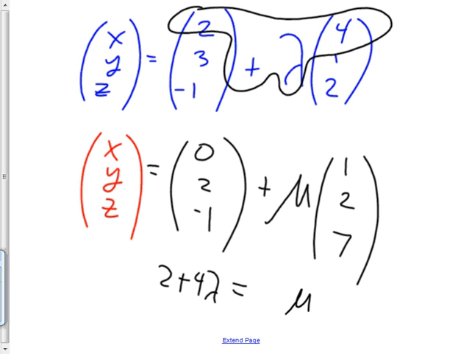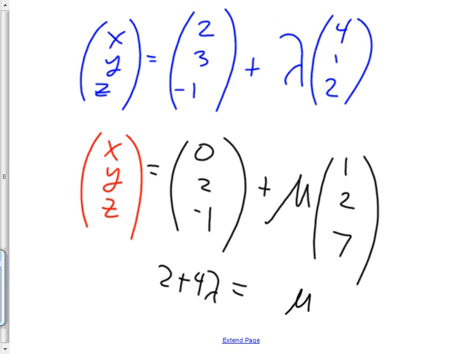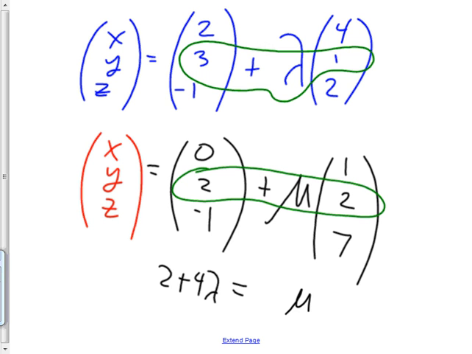The next equation, let me get this out of here, is 3 plus lambda equals 2 plus 2 mu. And if mu is really 2 plus 4 lambda, I can put it right there.